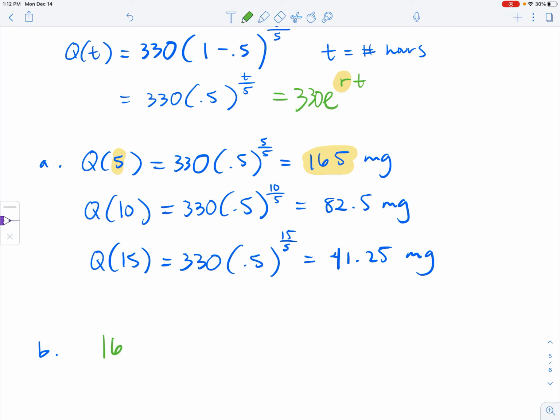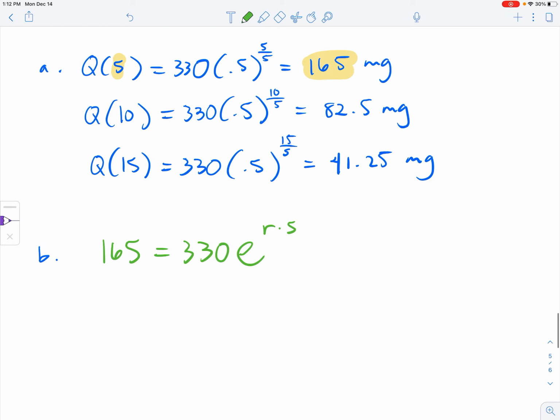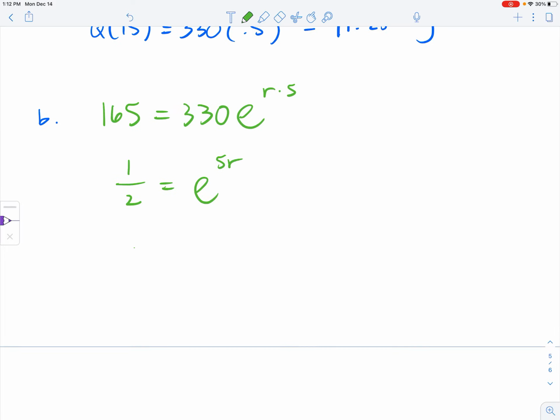So I can substitute 165 in. 330 is still the initial amount, E, and then in for T, I'm going to substitute 5, right? Because after 5 hours, there's 165 milligrams left in your system. Okay, so if we divide by 330 on each side, we would have 1/2 equals E to the 5R power. And then rewriting in logarithmic form, that would be 5R equals ln of 1/2.